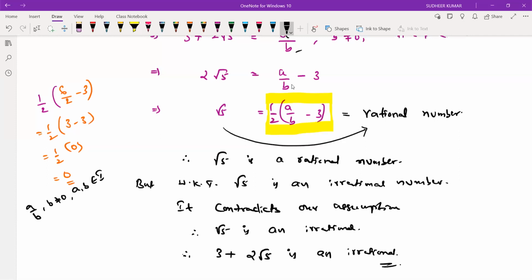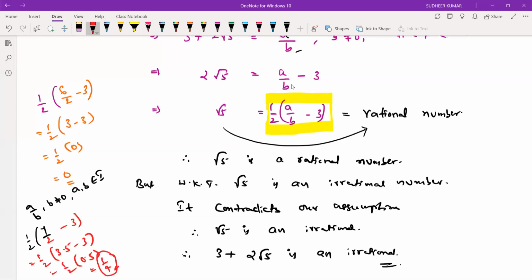Suppose instead of this, now we are going to take half. a is 7, b is 3. So sometimes we may get irrational. So we'll take 2, right? Minus 3 is fixed. So half of this is 3.5, minus 3. So this is half of 0.5. 0.5 is 1 by 2 only. So the result is 1 by 4.